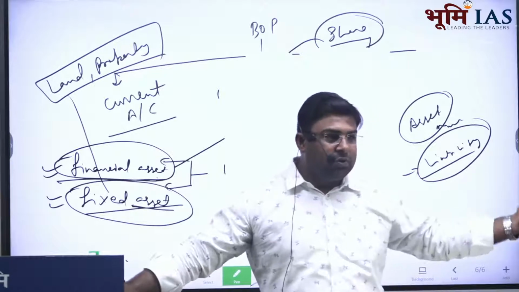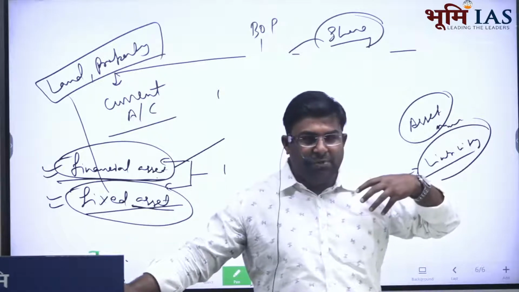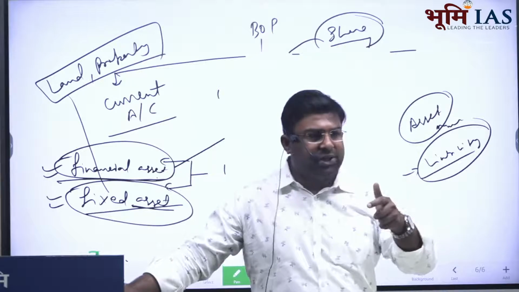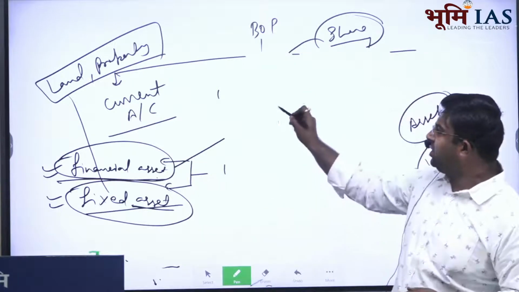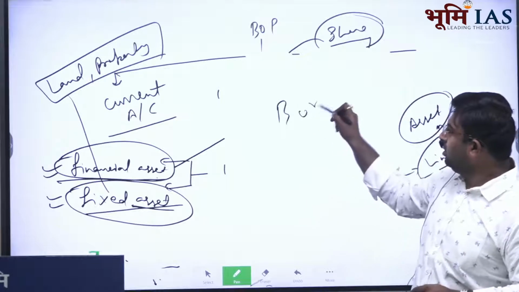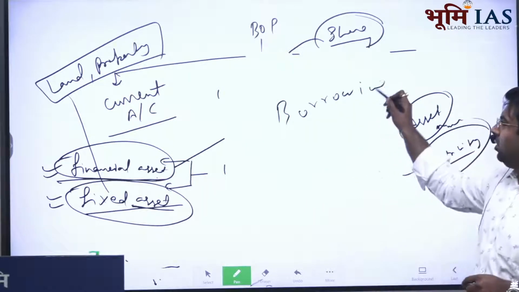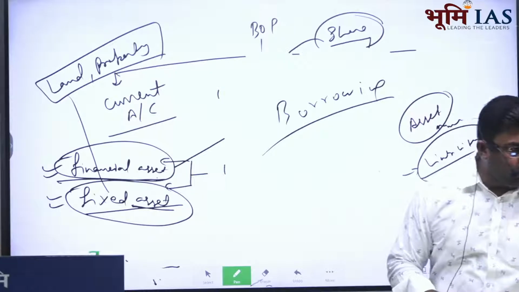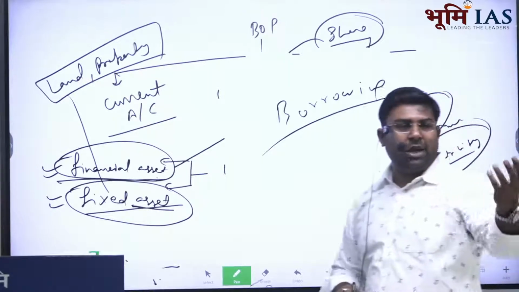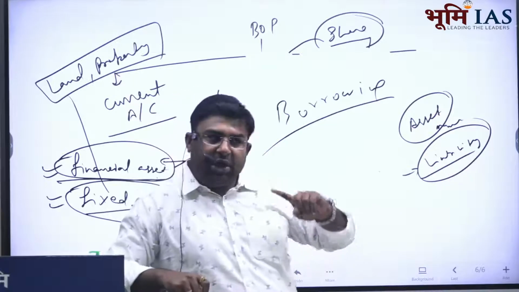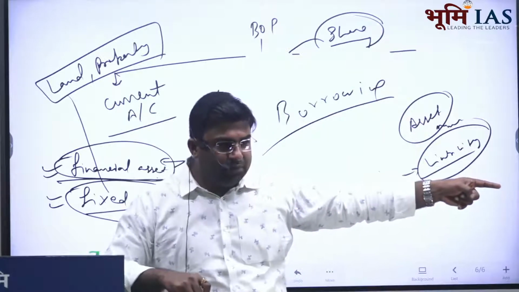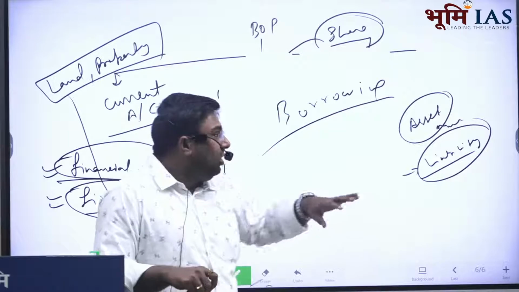When that amount is taken from that individual with a few conditions. And what is the basic nomenclature for that transaction? Borrowing. If you borrowed an amount from an individual, then automatically the liability to repay that amount is generated over you.